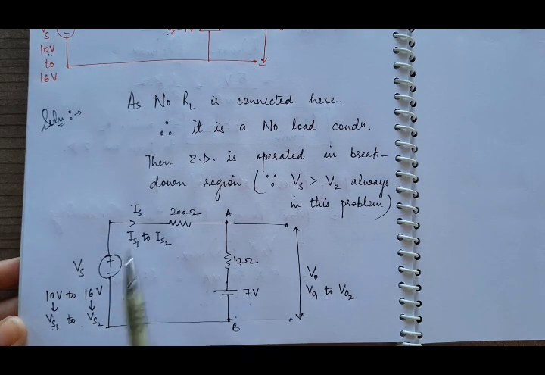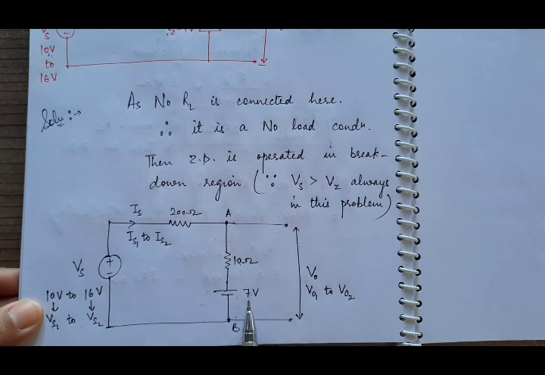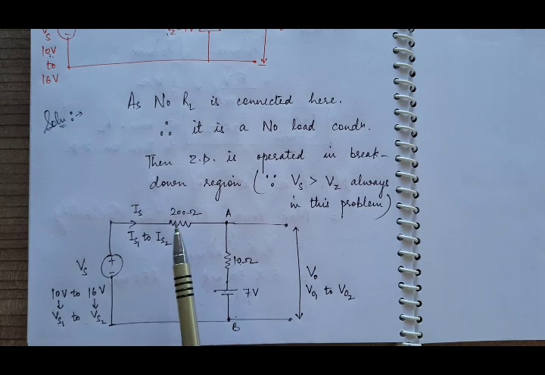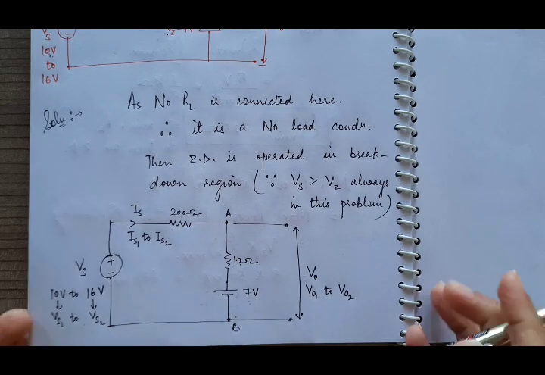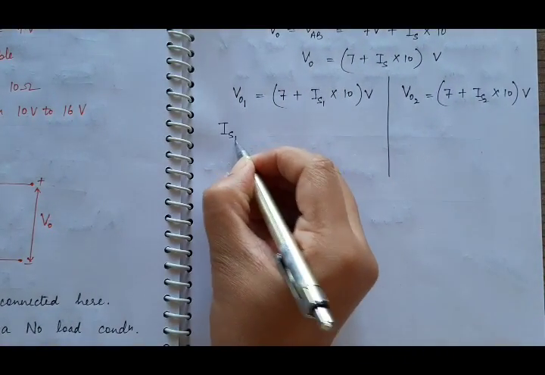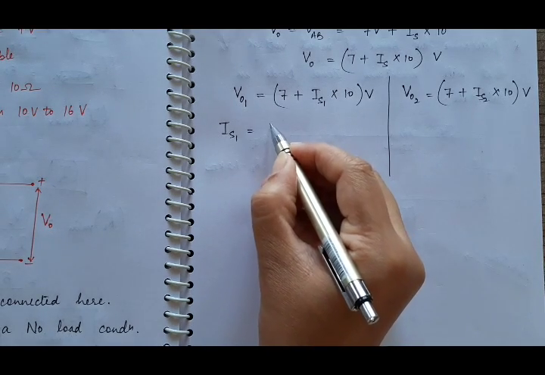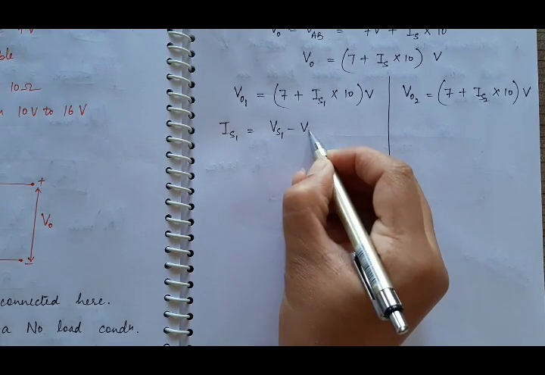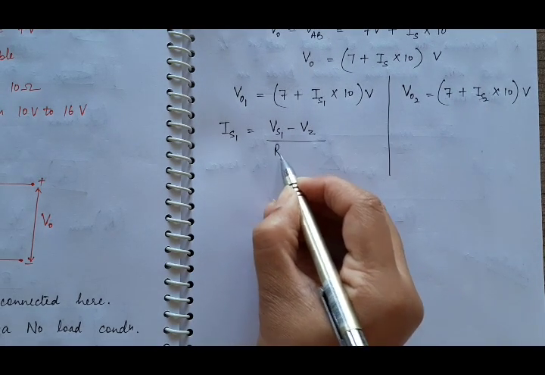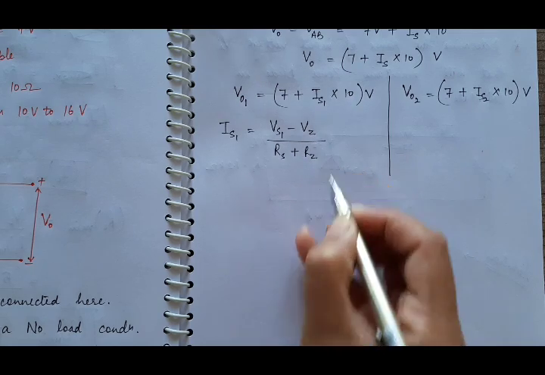So IS1 will be 10 minus 7, that is the potential difference between these 2 points, divided by total resistance, that is these two resistances are in series. So that will be 200 plus 10. So IS1 will be VS1 minus VZ divided by series resistance plus Zener resistance.